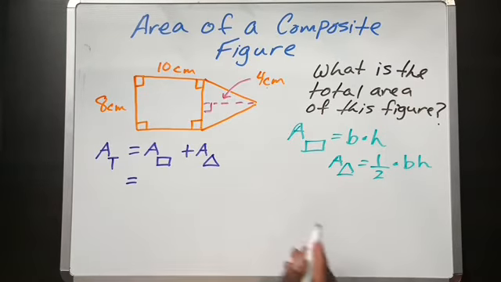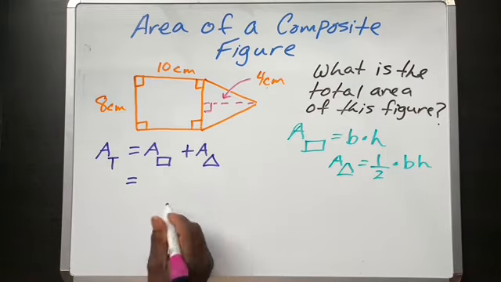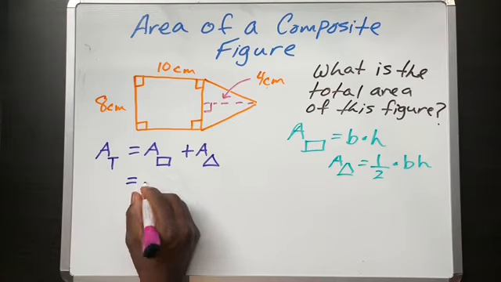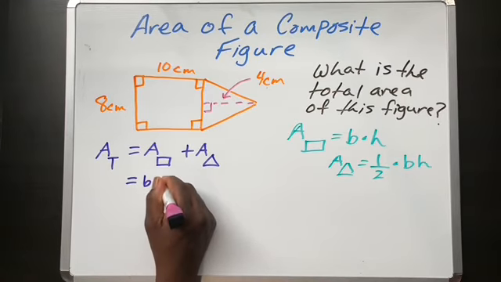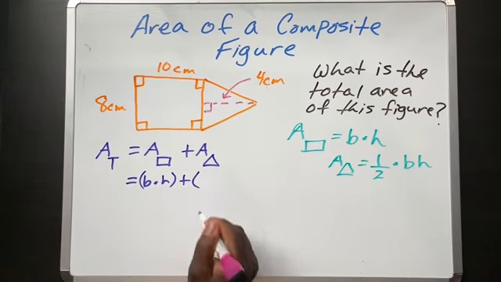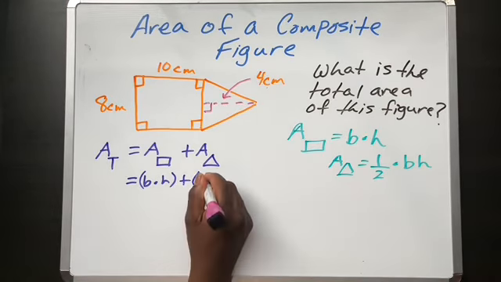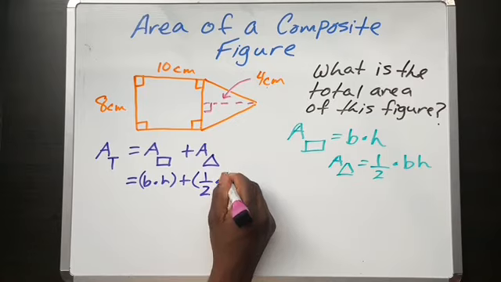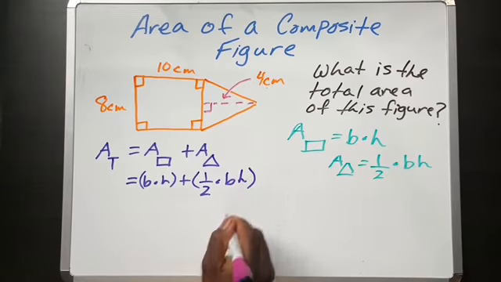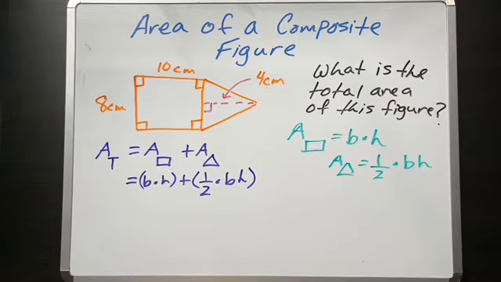So let's substitute the formula in here first. Base times height for the rectangle, plus the formula for the area of the triangle, which is 1/2 times base times height. Okay, we got our plan, we got our formula. Now we're going to go ahead and substitute.